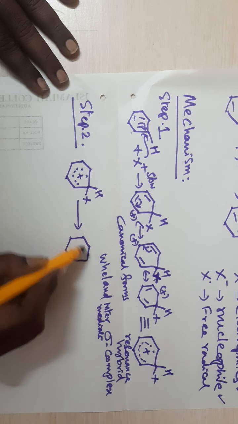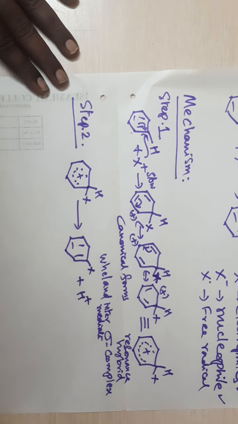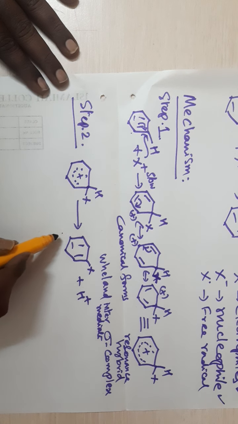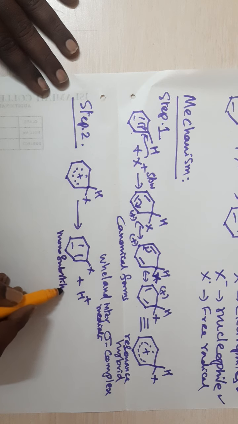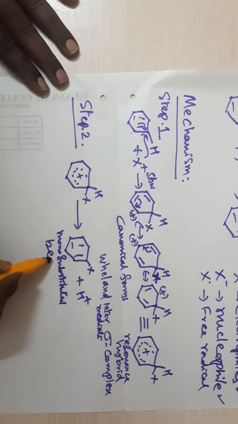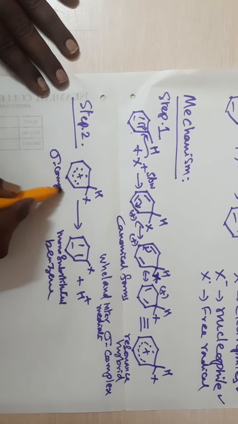So if H plus is lost and X is substituted, then we can say the electrophilic substitution has taken place. So this is a mono substituted benzene. So this is your sigma complex or valent intermediate.